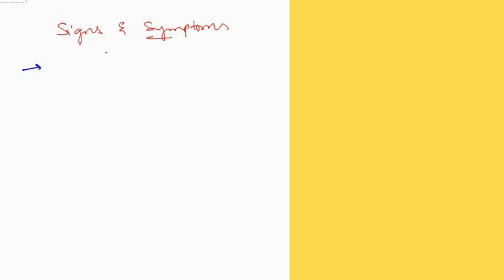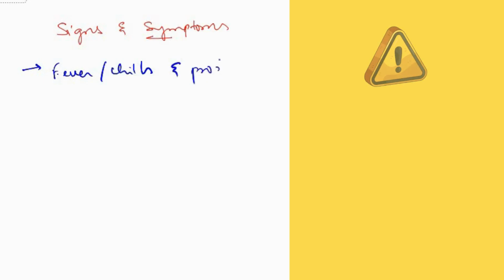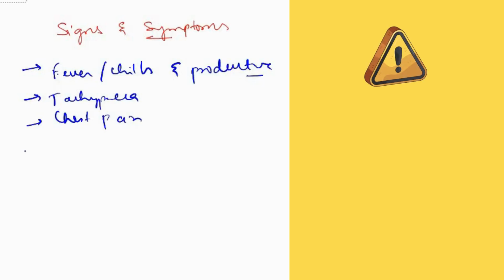Next, we will see signs and symptoms of pneumonia and bronchopneumonia. Fever, chills and productive cough will be there in pneumonia and bronchopneumonia. Tachypnea will be there. Chest pain, bronchi, sick looking.